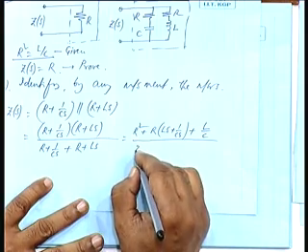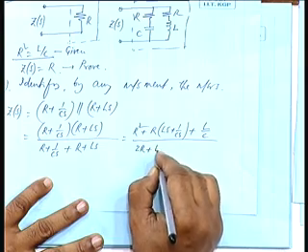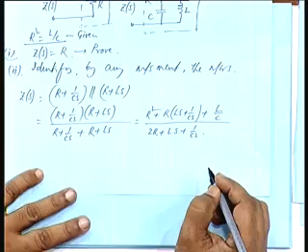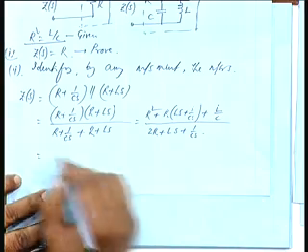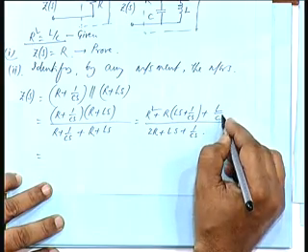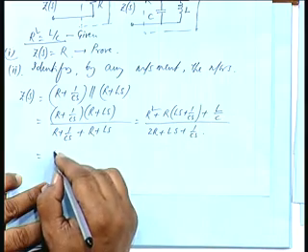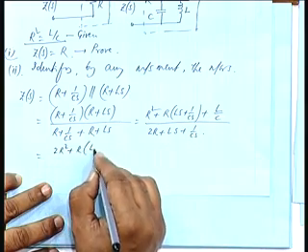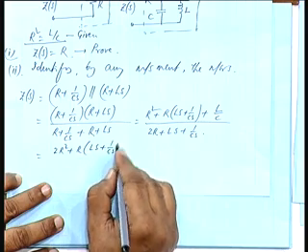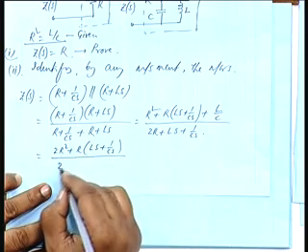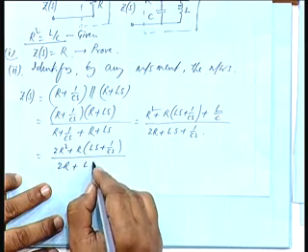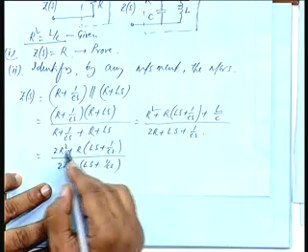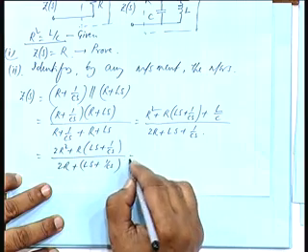Divided by 2R plus LS plus 1 by CS. Numerator is L by C is R squared. So, R squared plus R squared, that gives me 2 R squared plus R into LS plus 1 by CS divided by 2R plus LS plus 1 by CS. Obviously, R can be taken common.